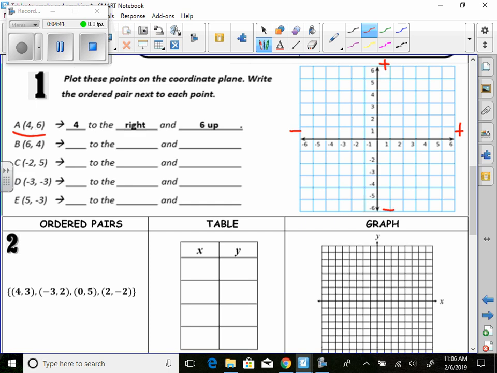So to plot (4, 6), I would have to start at the origin. 4 is positive, so I'm going to go in the positive direction, 4 units on the x-axis, and then from this point I will go 6 units up. 1, 2, 3, 4, 5, 6. And this is where my point A is located.